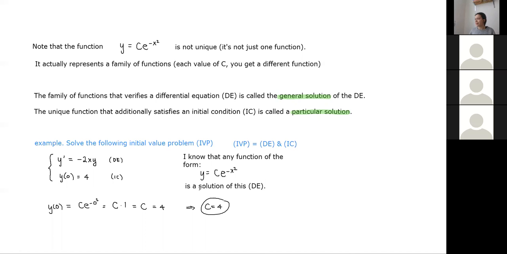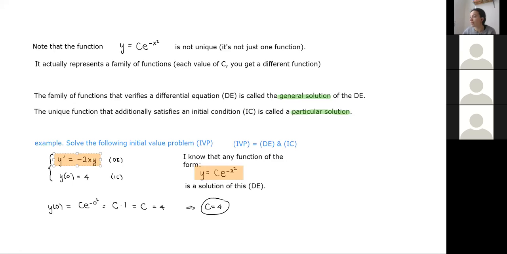Does anybody understand this? Can I see a show of hands for those of you who do not understand it? Okay. Maybe that's the question that I need to be asking. So essentially what I have is, I know that any function of the form c times e to the minus x squared is going to solve this equation, right?